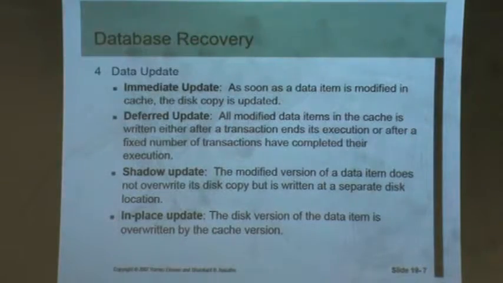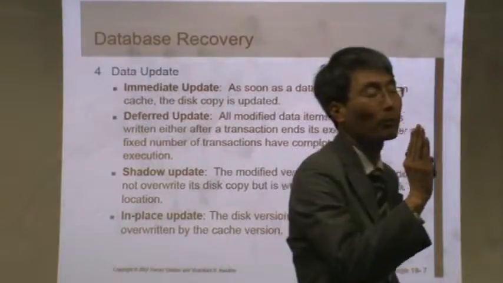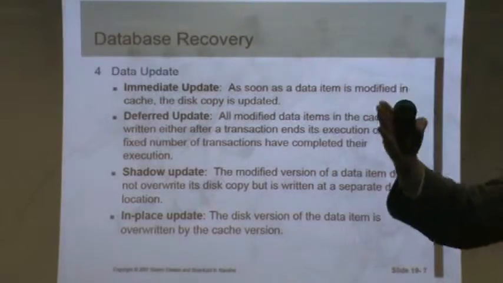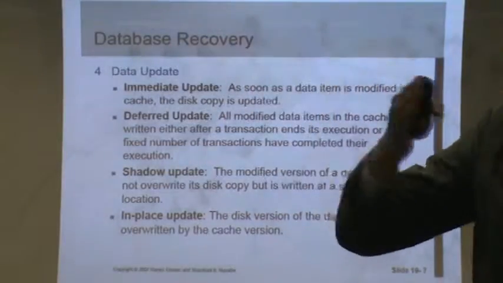Another type of update in a database is the schedule update and in place update. In place update is where you can directly update a block where the data is originally located. On the other hand, the schedule update is, think about multiple copies, like mirroring.